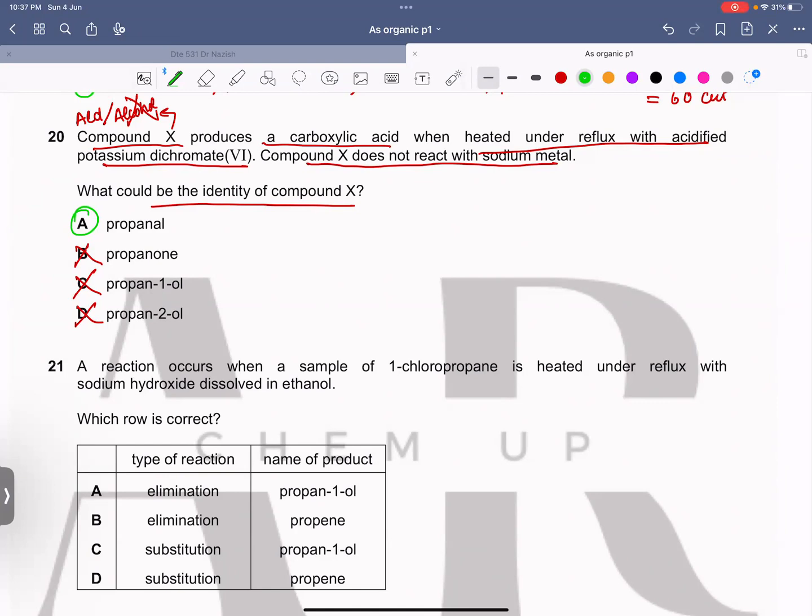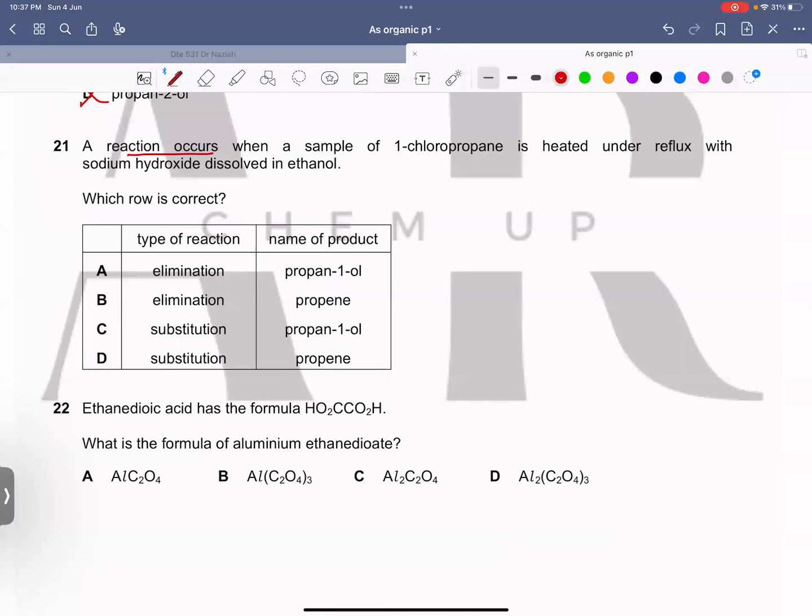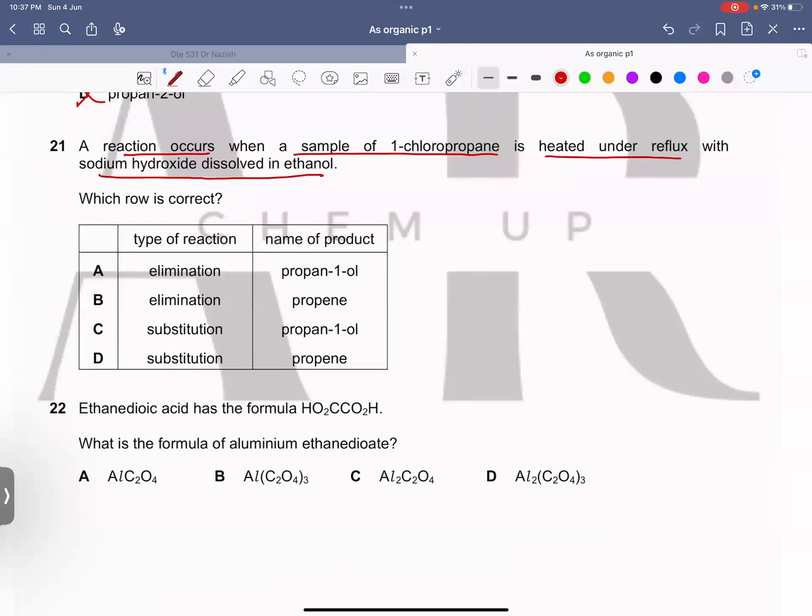Now, question number 21. A reaction occurs when a sample of 1-chloropropane is heated under reflux with sodium hydroxide dissolved in ethanol. So it's an elimination. Remember, it's an elimination. And in elimination, 1-chloropropane will turn into propene.